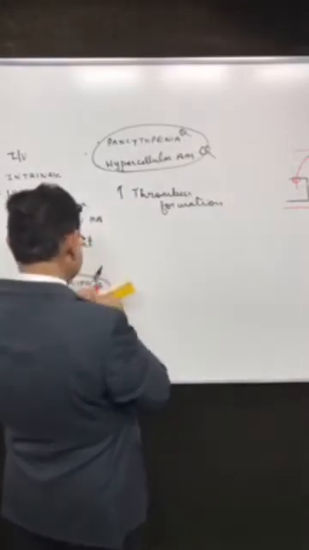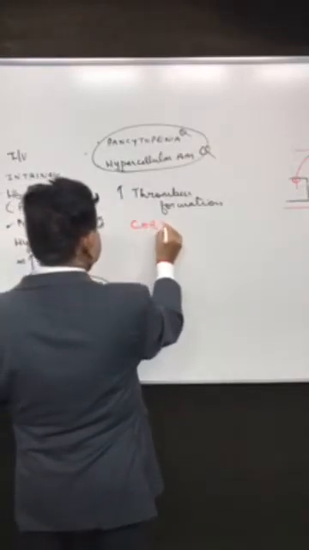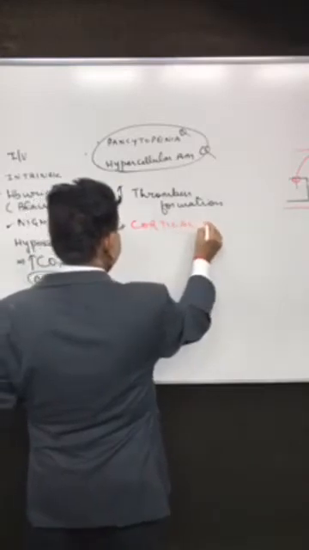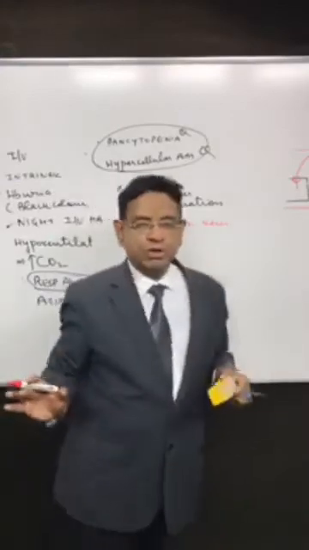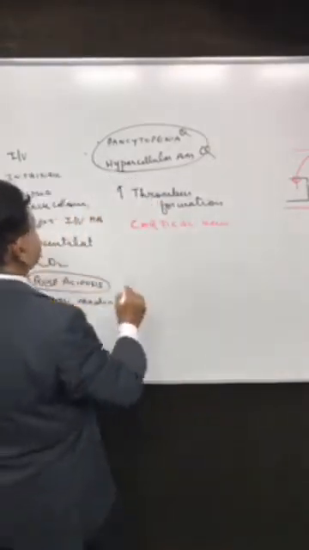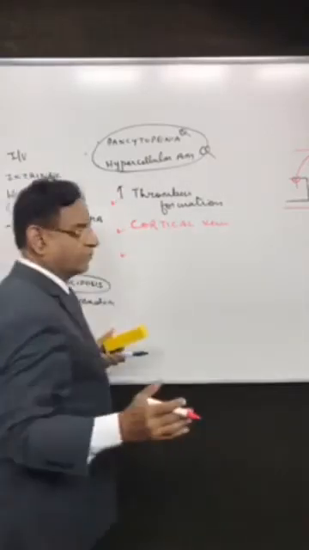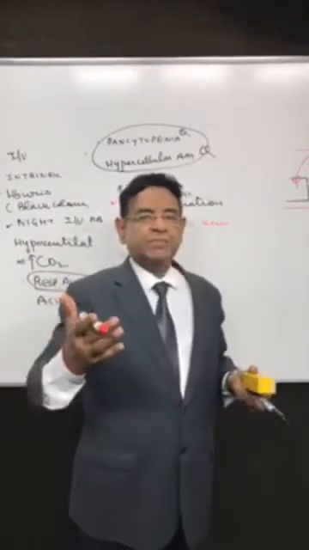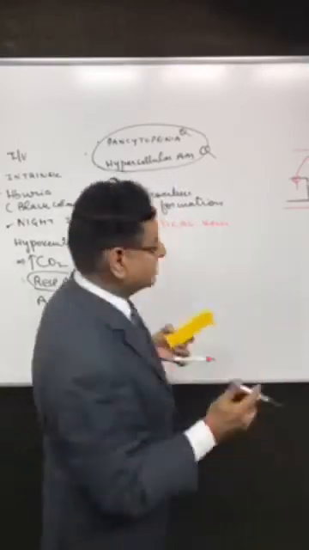In fact, cortical vein thrombosis is the most common cause of death in these patients. Of course, it can also cause abdominal pain, again due to thrombus in the mesenteric vessel.